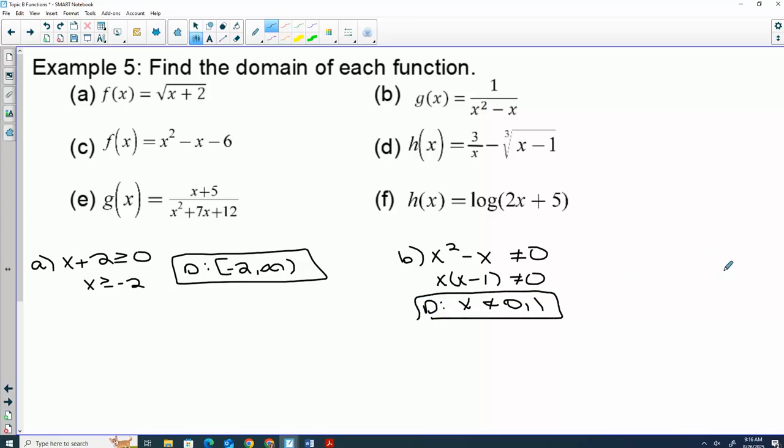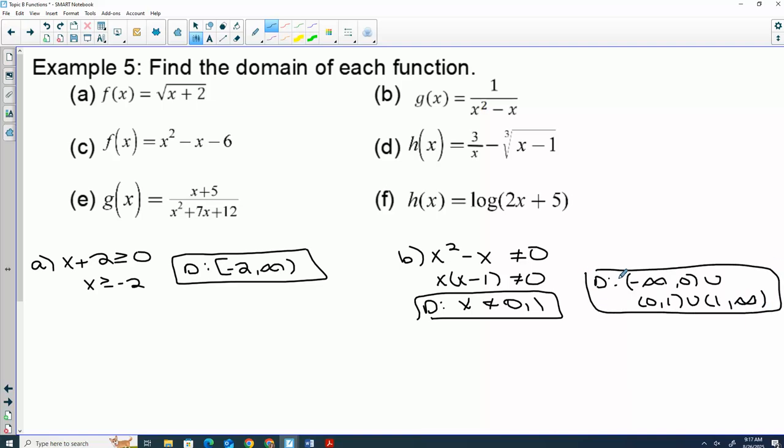We could also do the interval. It's everything except those, so it'd be everything smaller than 0, everything between 0 and 1, everything bigger than 1. So I would take either of those. So in those fractions, factor your denominators, that way you can check if there's multiple things that make it 0.